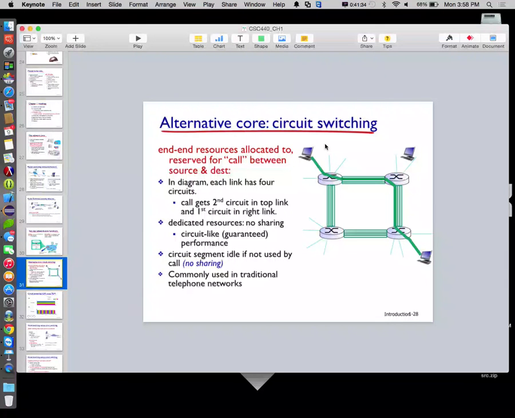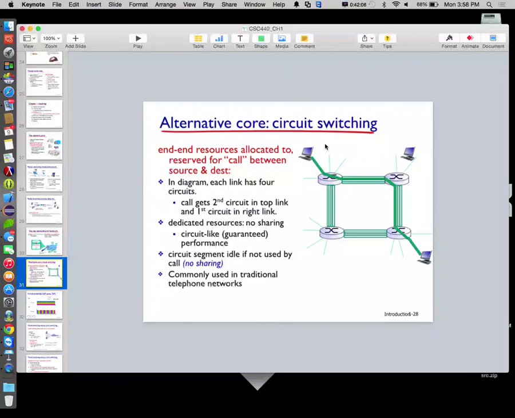Would something like Skype be circuit switching? Probably not, would be my guess. I don't know how their protocol works, but it goes over IP, Internet Protocol, which by definition is going to be a packet switch network. I suppose it's possible that, because they write the client, the client establishes a direct connection with the Skype server, and then the Skype server forms the circuit between the two endpoints.